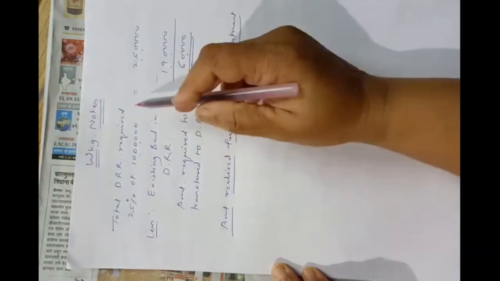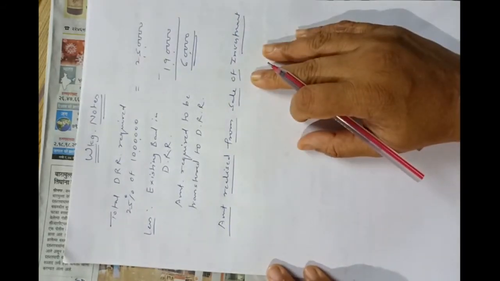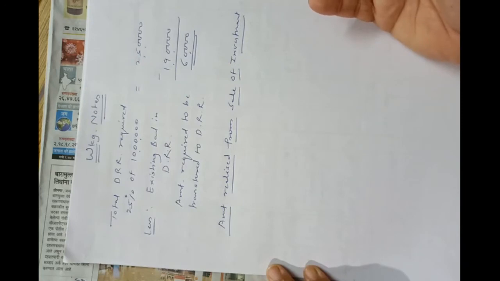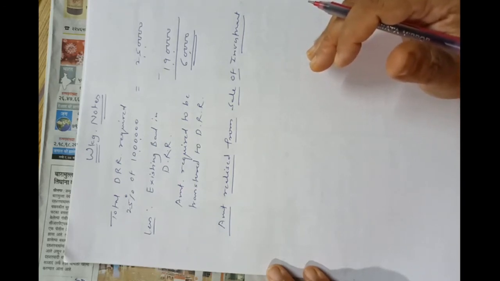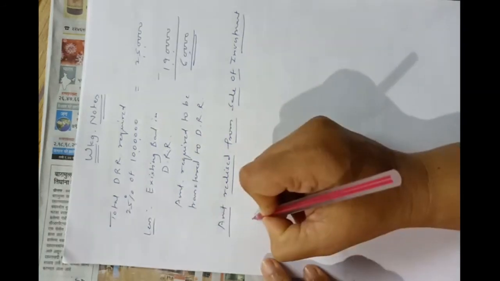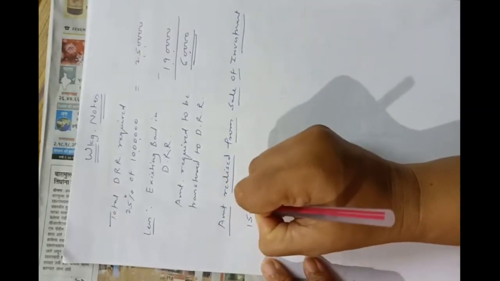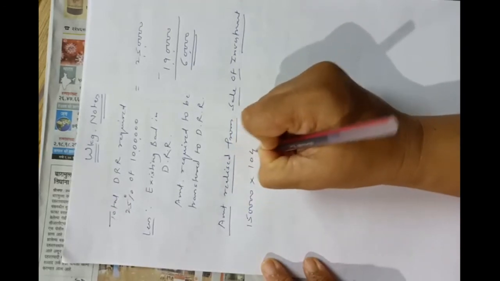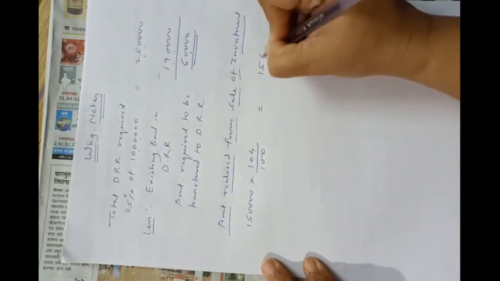Here we have calculated amount required to be transferred to DRR. Now in this working note we will calculate amount realized from sale of investment. When the problem does not mention the amount of sale of investment, we assume the same amount was received. But in this problem they have mentioned that the investment was sold at 104% less 0.5% brokerage. Okay. So investment is of 1,50,000. Investment into 104%. 1,50,000 into 104 upon 100. So amount is 1,56,000.